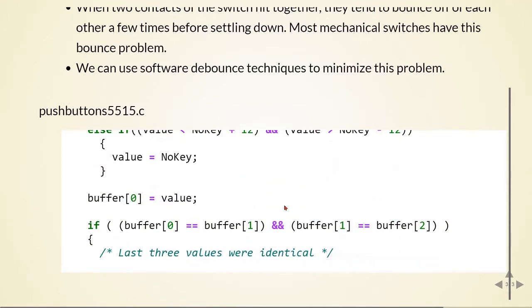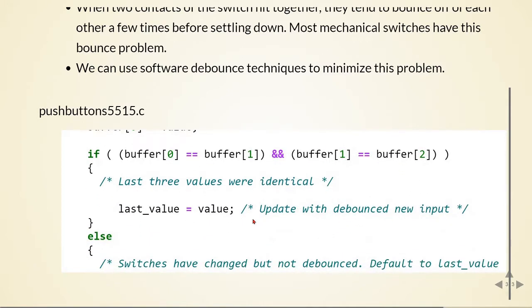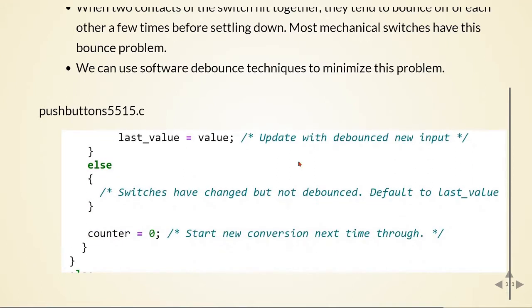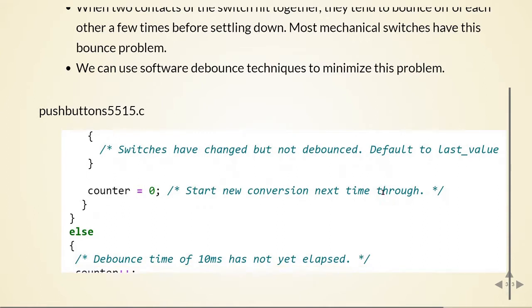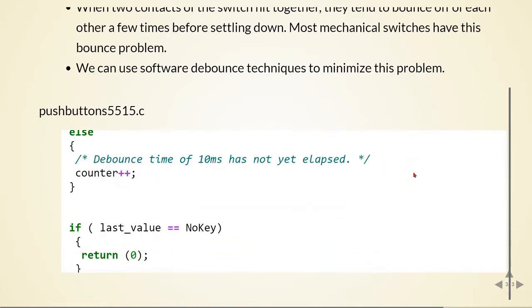And we are also comparing this buffer, and we update with the debounced new input in case the last three values are identical. If not, the switches changed but were not debounced, and we'll wait for this debounce time, 10 milliseconds, to pass, and then we will read again.